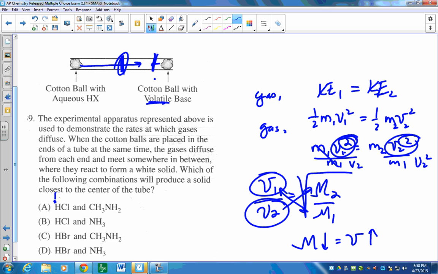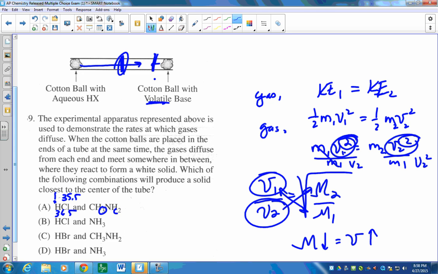Hydrogen is essentially 1. This is 35.5, let's say, so this is 36.5. And this is 12 plus 5 plus 14. So 26. So this is 29. No. Okay, 6, 9, 10. Oh, I'm losing it.